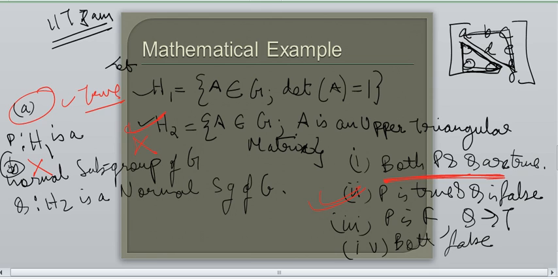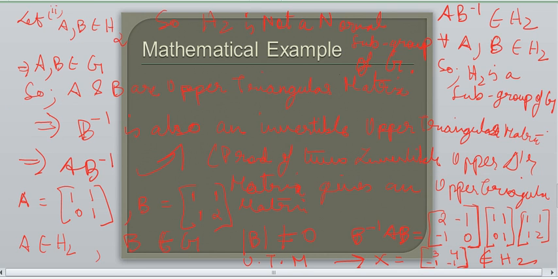So with the upper triangular matrix, you take one upper triangular matrix A from your H2 set, and you take a B from the group, right? We had taken in this example, look, here is the matrix. This is the upper triangular matrix, correct? Let me show you.